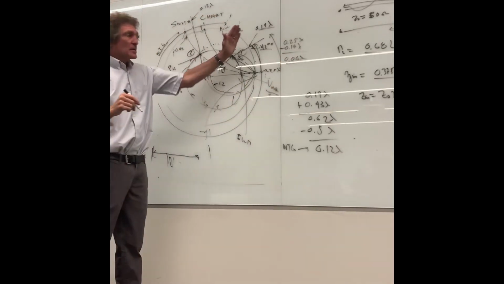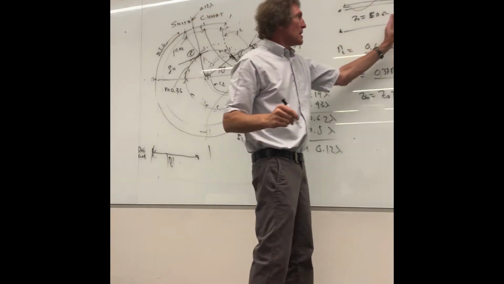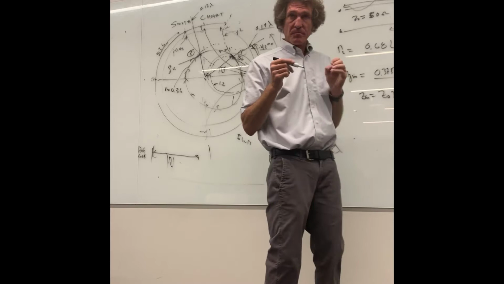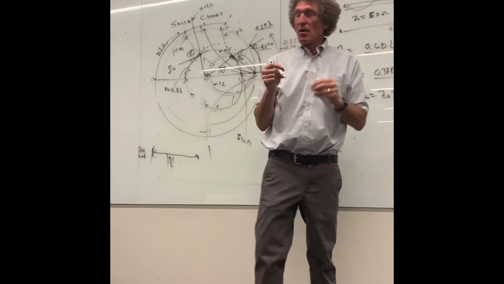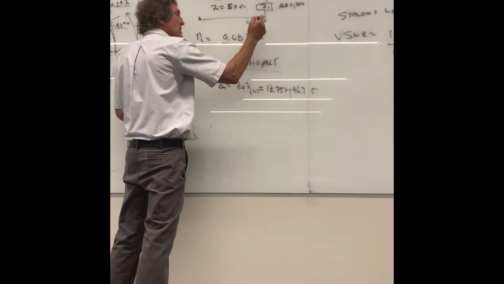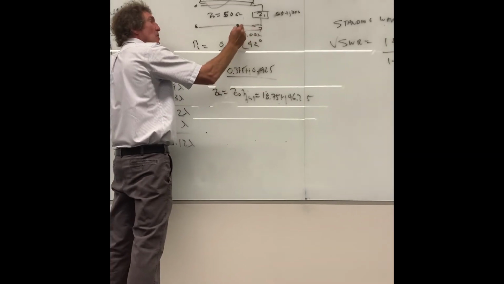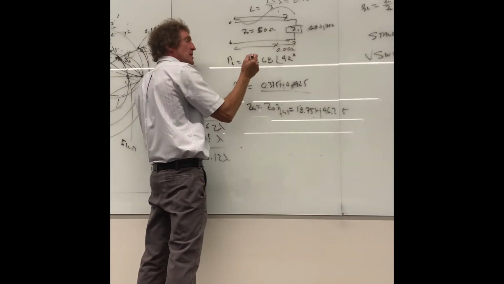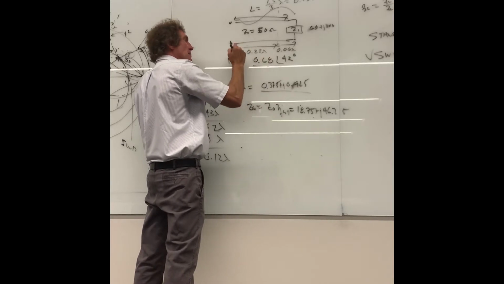So when I go 0.06 lambda away from this end, I'm going to hit a Vmax.